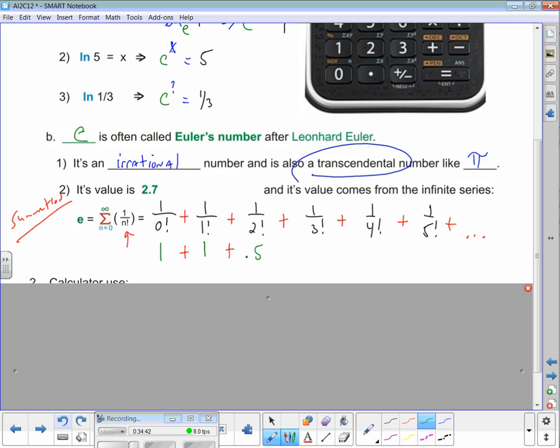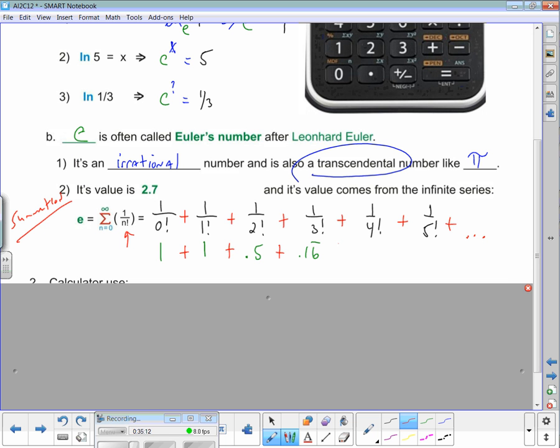Okay, 3 factorial. 3 times 2 is 6. So what is 1/6? And 1/6 is 0.16 bar. 0.1666666. So you see our value right now is up to 2.66, right? 2 plus 0.5 plus 0.16 is 2.66 total value.